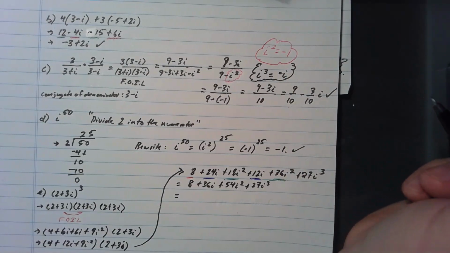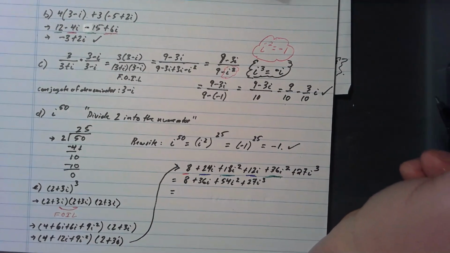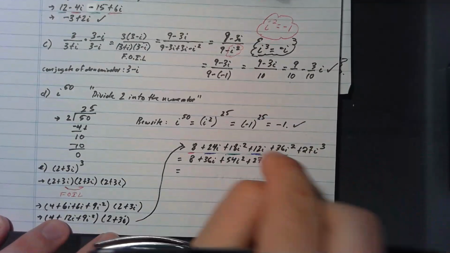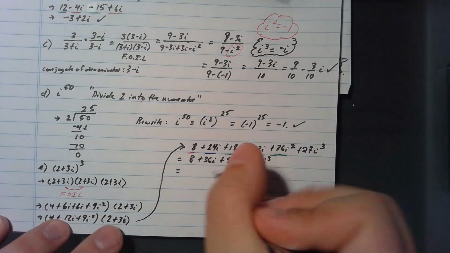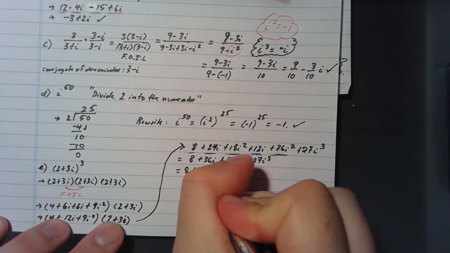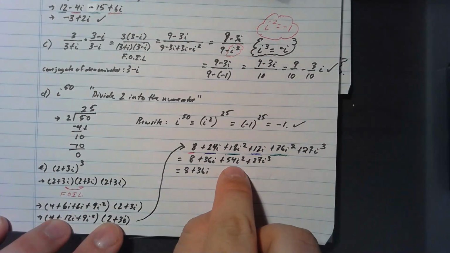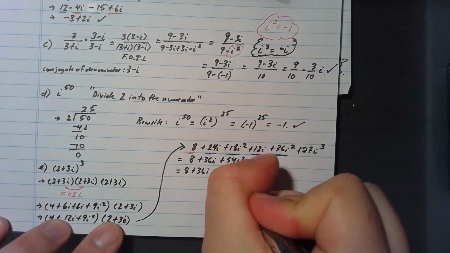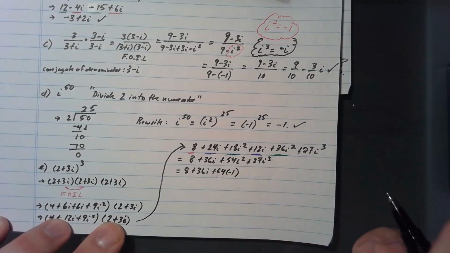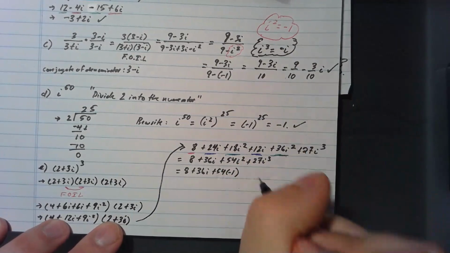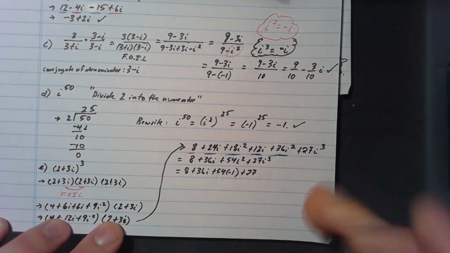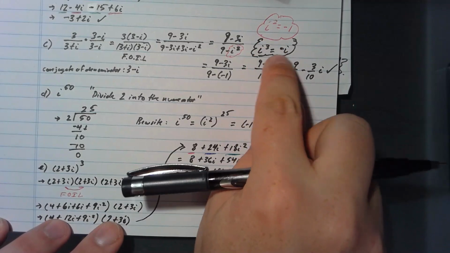It's just -i. So I can replace this i squared with -1, so I'll have 54 times -1. And then I can replace, so plus 27 times i cubed, which is -i.